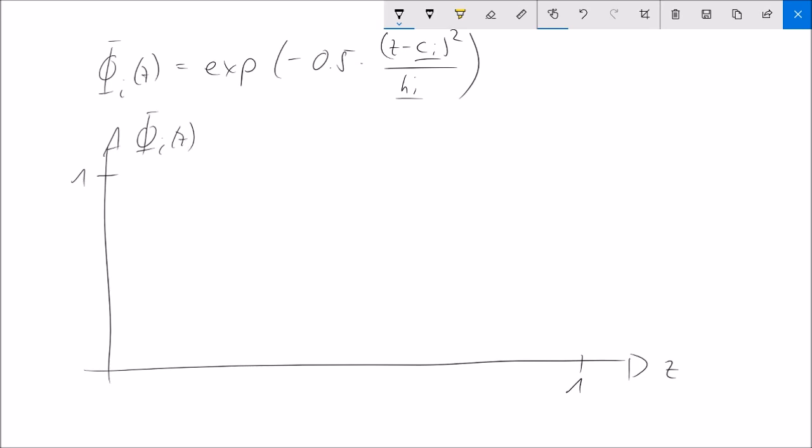Okay. So let's have a look. First, let's say h_i is constant. For example, h_i is simply 0.1, and we simply vary the c_i. So what we get then is the following. For the first, we would get something like that.